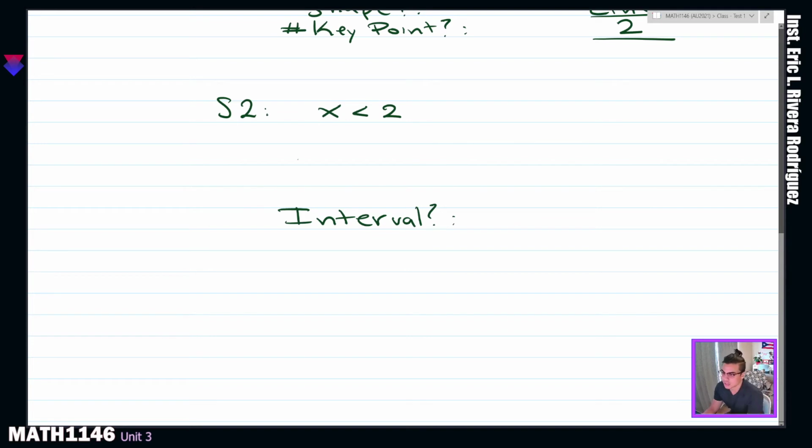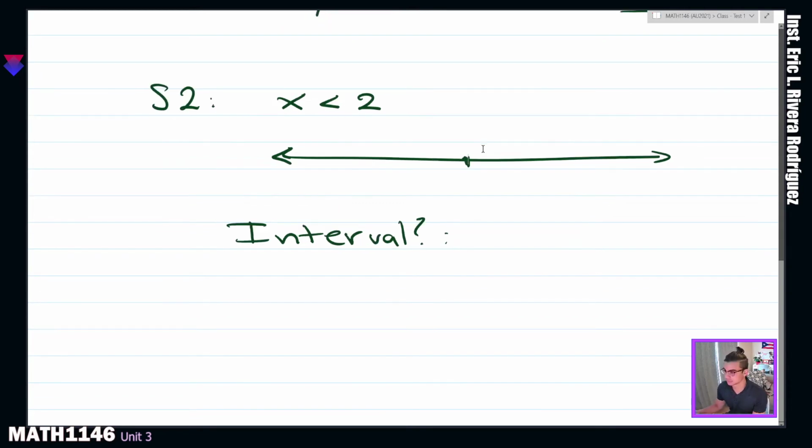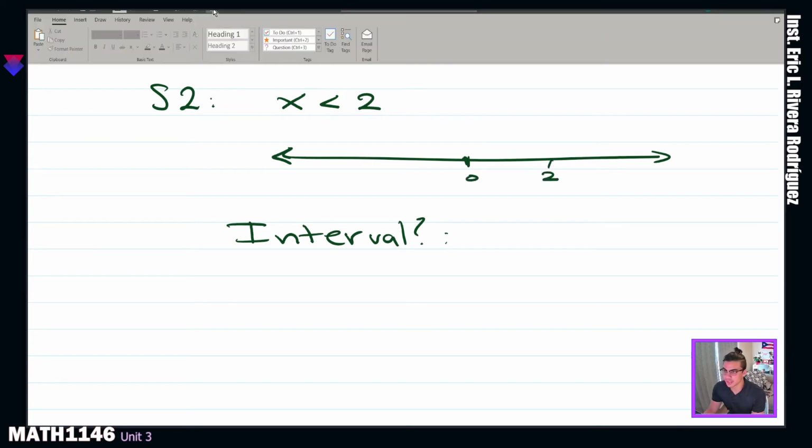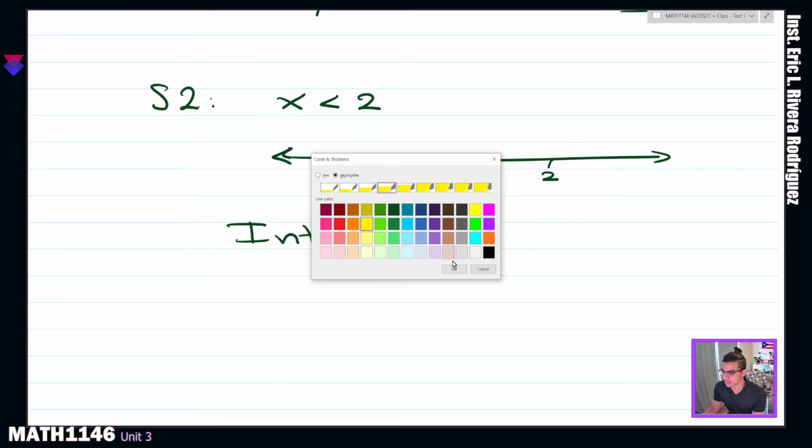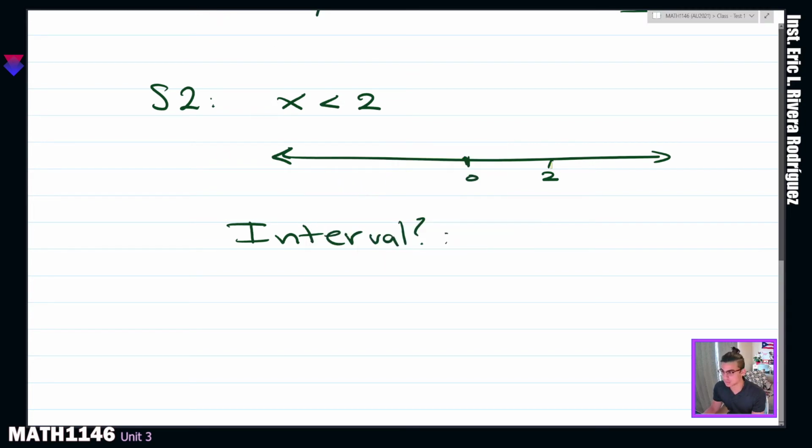You can use the number line to help you understand what will be the interval notation of x less than 2. So here is the number line. And here is 2. If we read the inequality here, it says x is less than 2. So we can represent x values with this yellow highlight.